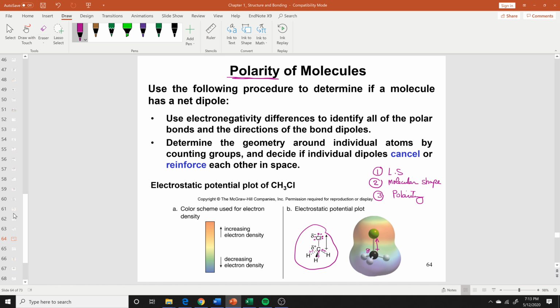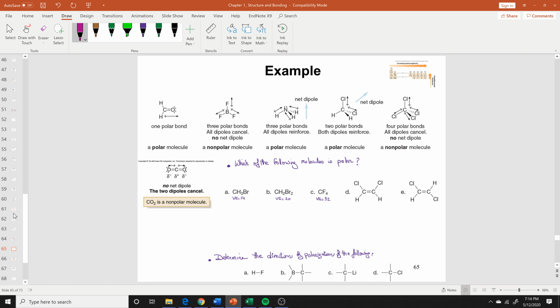This is partial positive and this is partial negative. See how my arrows are going up. It's not canceling. So since the direction of polarization, or the direction of electrons, is going up, then I would say that the molecule is polar because it is not canceling. It does have a direction in there.